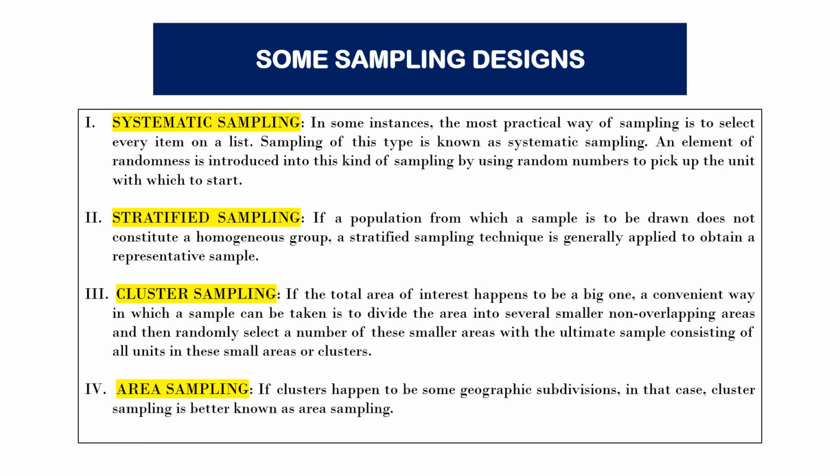Next is cluster sampling. If the total area of interest happens to be a big one, then we can divide the big population into small groups, that is called clusters, and that type of study is called cluster sampling.